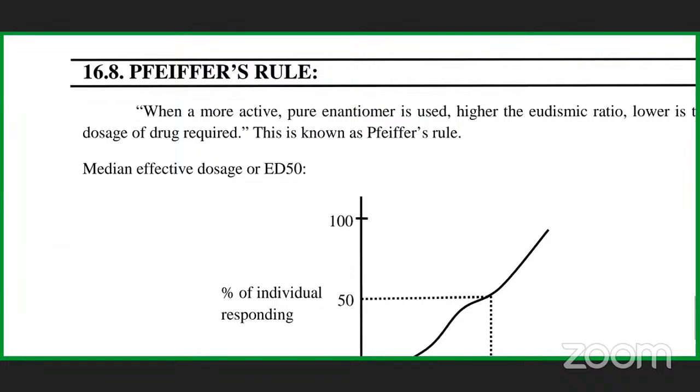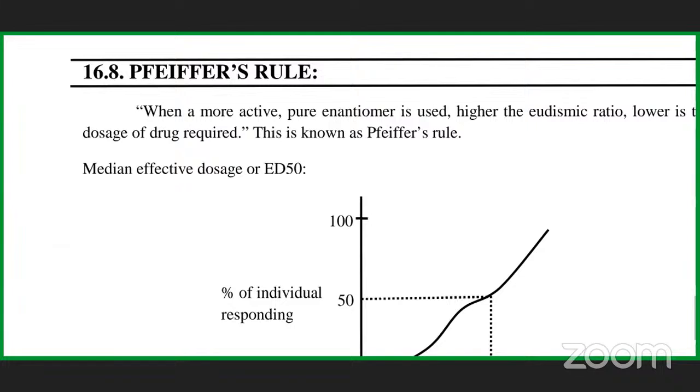How the dosage is decided: you know that dose deciding depends on various factors like age, race, gender, male or female, and children.